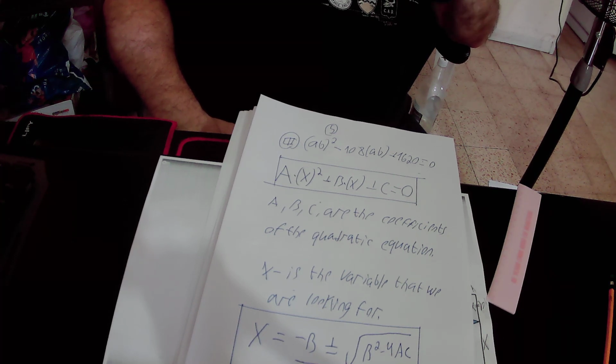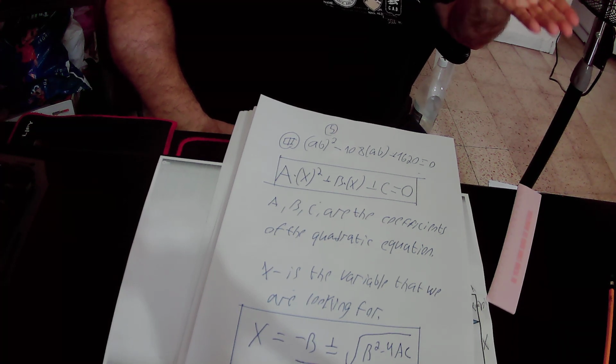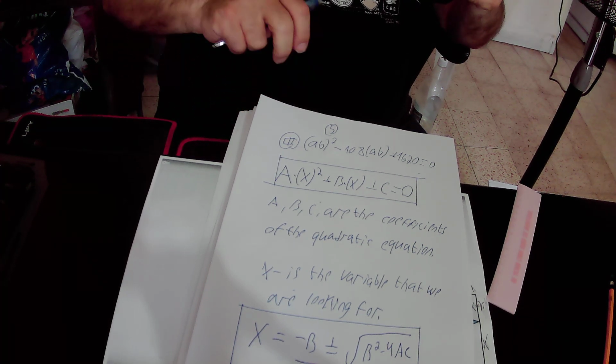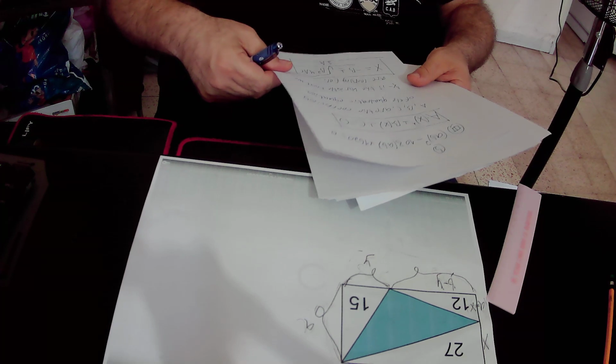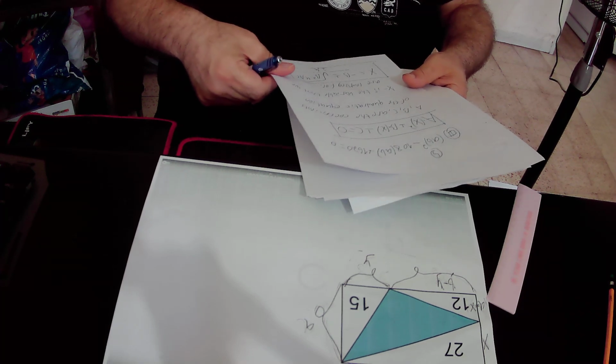I've already told you that the value of x is a times b, that is the area of the rectangle. So first of all, I will write again our quadratic equation.